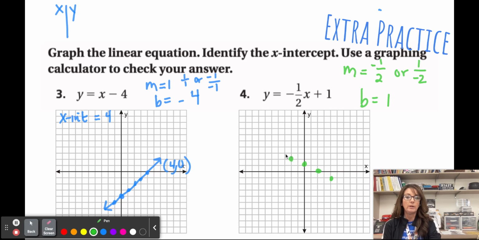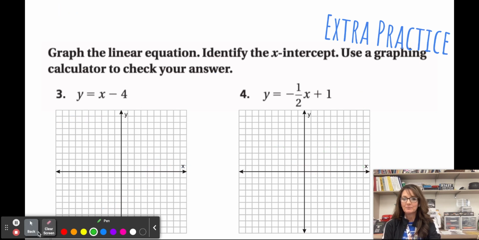So notice that that point is also on the same line that I cannot draw straight to save my life. But we can see that the x-intercept right here is equal to 2, and that represents the point 2, comma, 0. That's the place where it's crossing the x-axis. Easier said than done. Okay, I'm going to clear, so go ahead and pause if you need to.